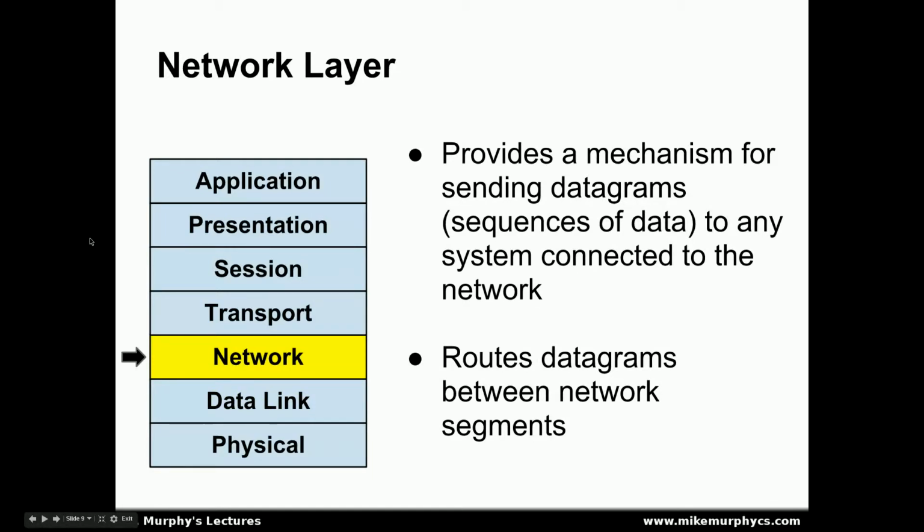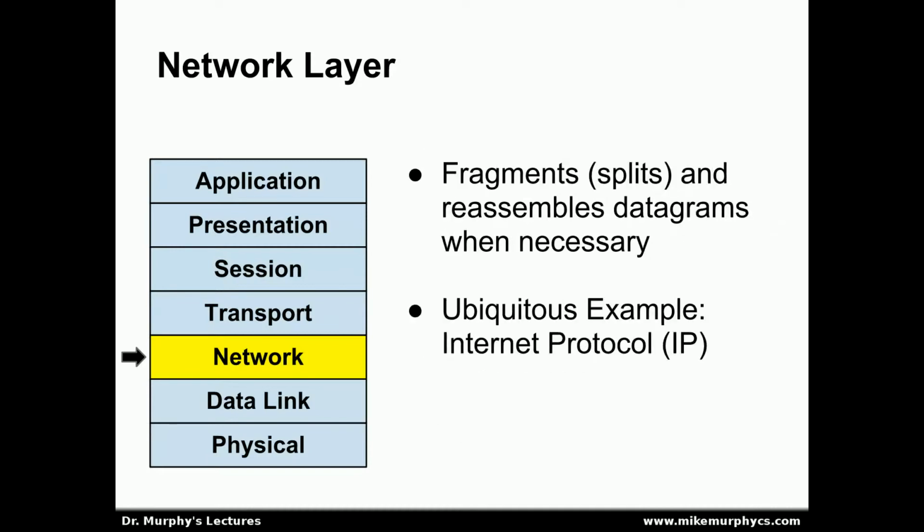Above the data link layer, we have the network layer, and the network layer is an abstraction mechanism to provide a means for sending datagrams or sequences of data to any system connected to the network. These systems do not need to be on the same network segment like they do in the data link layer. If there are multiple segments in the network, it is the network layer's responsibility to route datagrams between those different network segments.